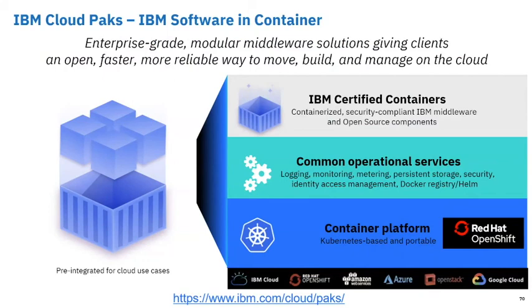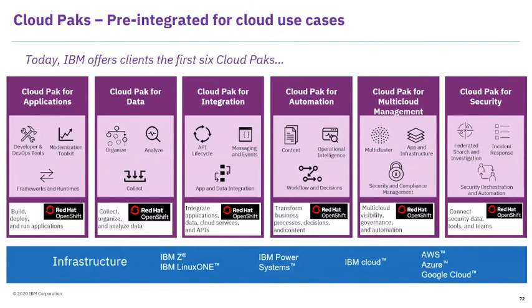There are 6 Cloud Paks now in development, and one of them is available: Cloud Pak for Applications is available on Z now, and one by one we will see them coming up. They focus on different areas: data, integration, automation, and multi-cloud management.